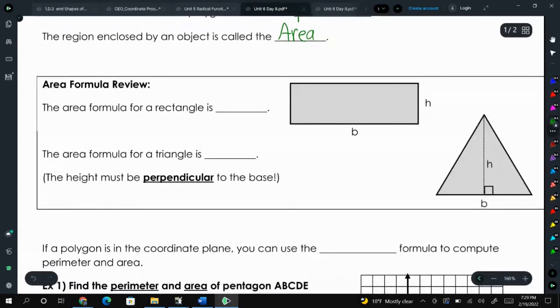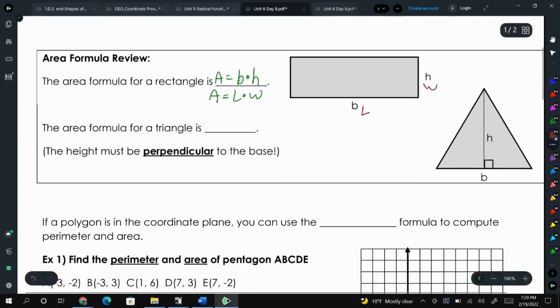So the area of a rectangle is area equals base times height. And sometimes people say area equals length times width. It means the same thing. If you look at the picture here, people say, oh, this is the length and this is the width, and you're multiplying those. It doesn't matter what we call them.